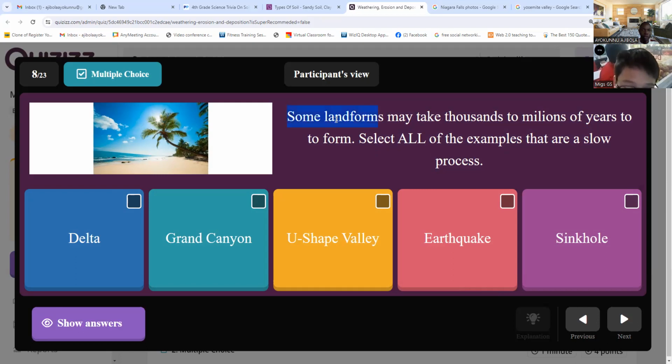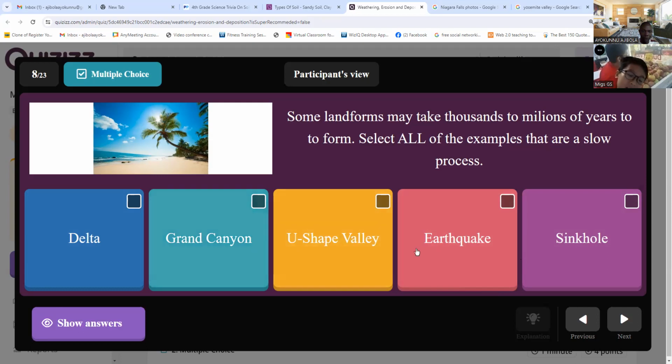It's not referring to everything. So we're not saying that all of these are landforms. Is that clear? Some of them are processes that cause landforms. So which of them is slow?